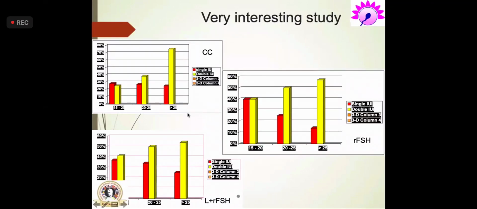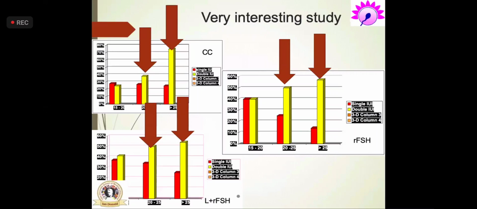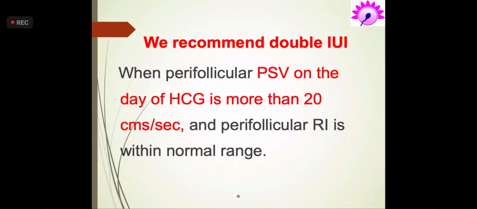And what we observed was that in all the patients who had a PSV of more than 20, no matter what the stimulation protocol was, double IUI pregnancy rates, which are indicated by yellow bars, are much taller than the red bars, which indicate single IUI pregnancy rate. That means when the PSV was more than 20, it was the earlier IUI which gave us results, and therefore we suggested that all the patients who have a PSV of more than 20 must undergo two IUIs at 12 to 14 and 36 to 38 hours.